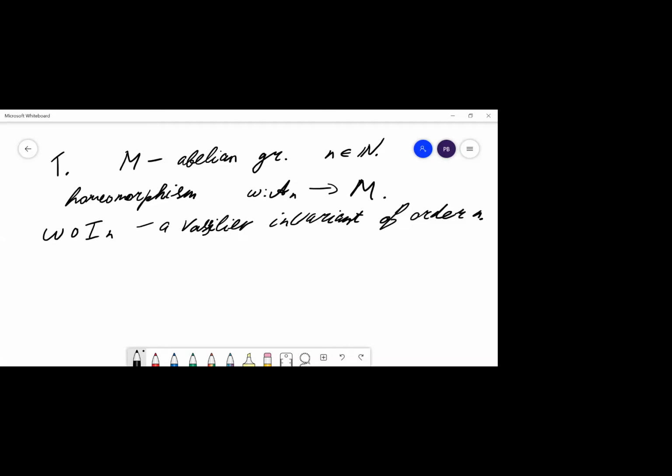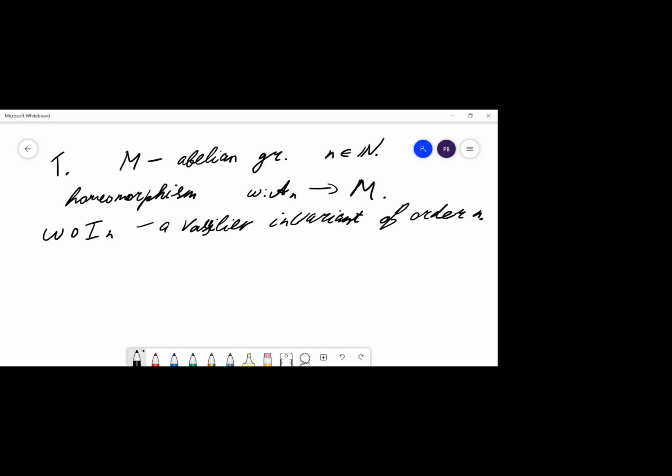All Vassiliev invariants of order n. So we have a filtration given by diagrams with at most n chords. Мы рассматриваем подгруппу, порожденную диаграммами сцепок, в которых максимум n хорд.